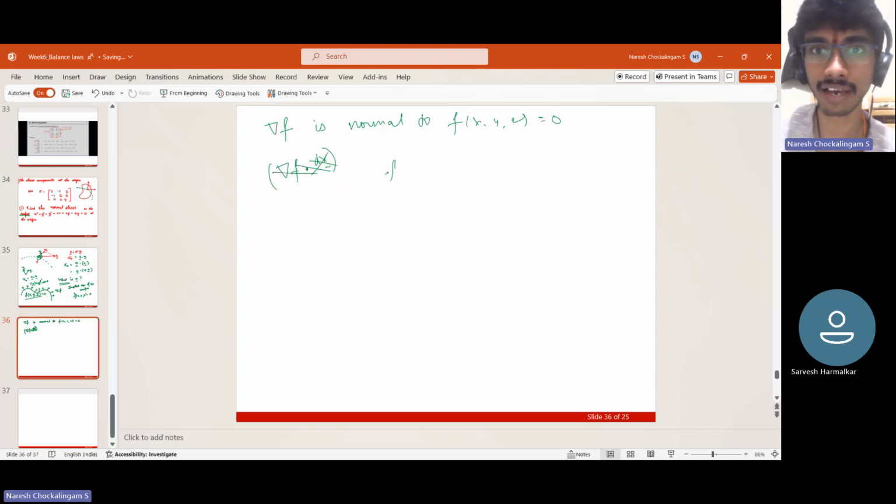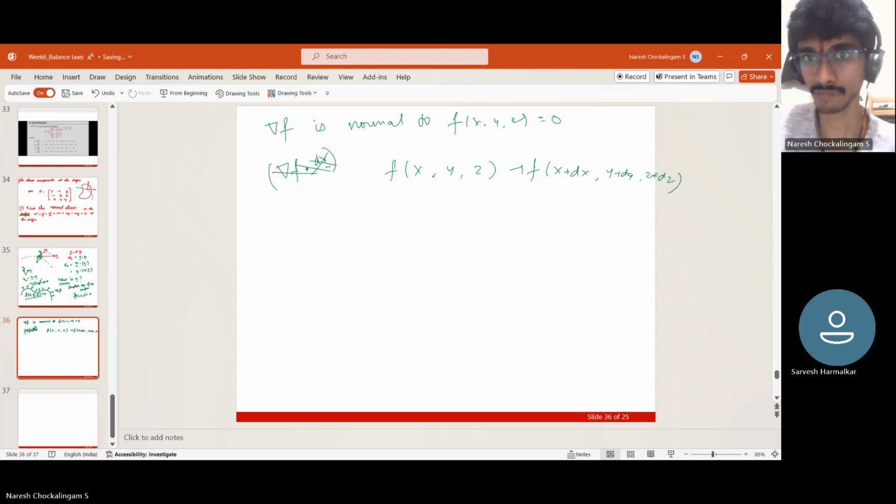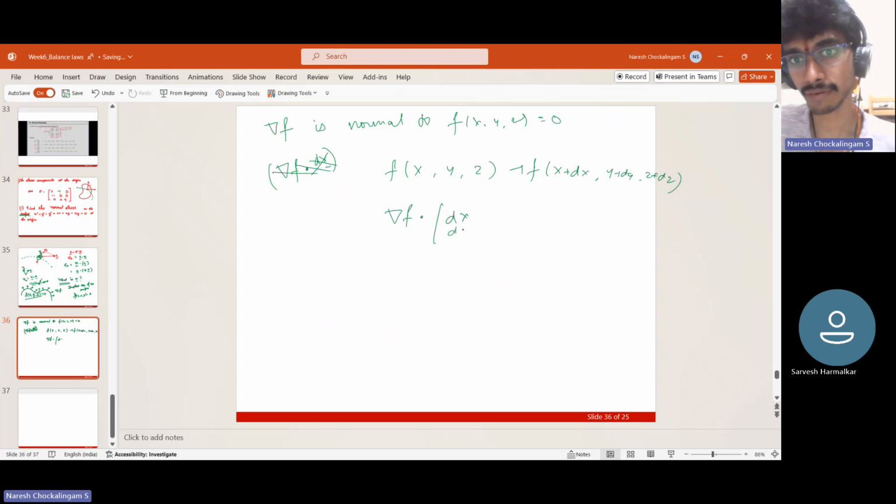So if you go from f of x, y, z to f of x plus dx, y plus dy, z plus dz, and you ensure that you still remain on the same surface, the difference between the two is nothing but grad f dot dx, dy, dz.